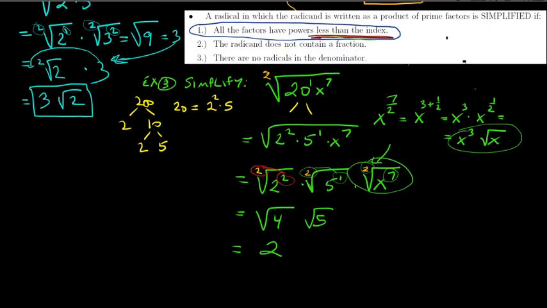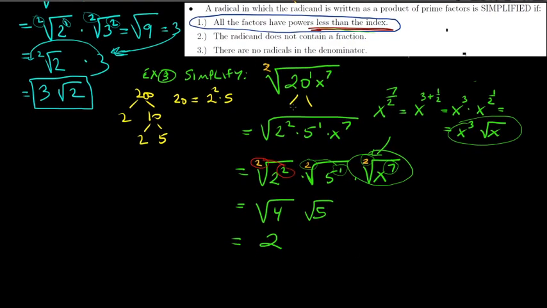So instead, let's do it the other way, where we break this apart, matching the index. The index is 2, so let's split them up at the same time. This is the square root of x squared, so that becomes x. And then we have another square root of x squared. That becomes x. Then we have another one.